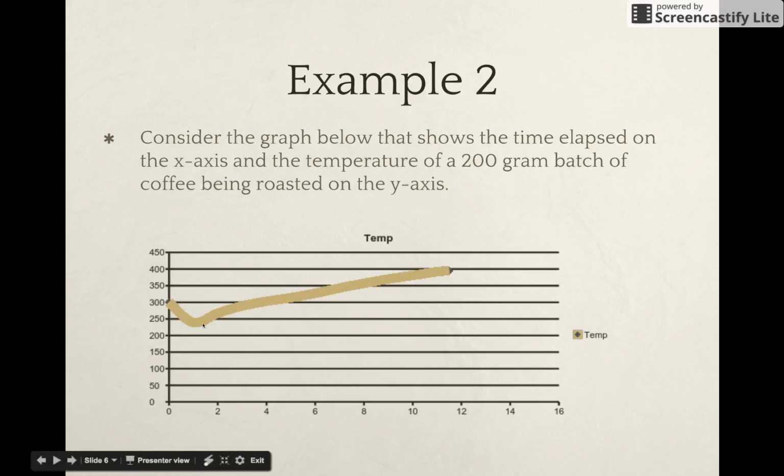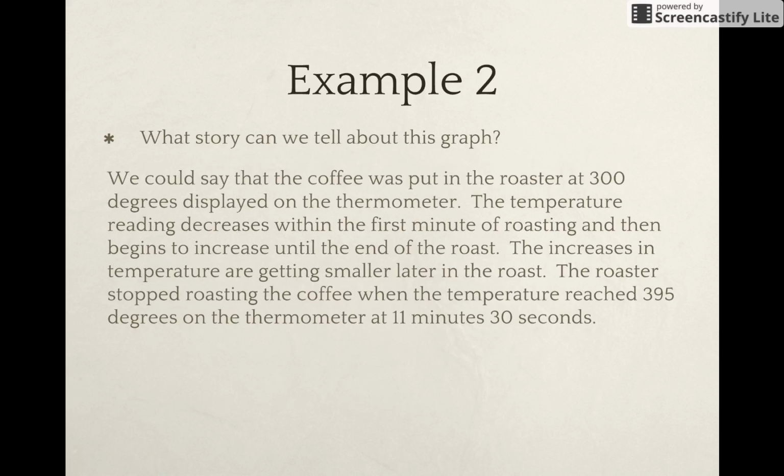So you can see a quick climb there, and then less of a climb, and less, and then even less towards the end. So that's indicating that even though the temperature is increasing, it's not increasing as quickly towards the end of the roast.